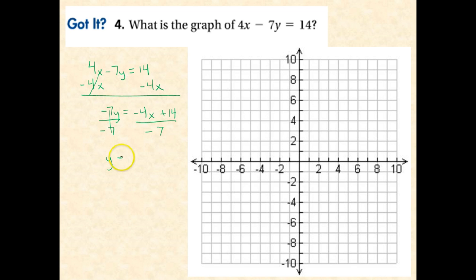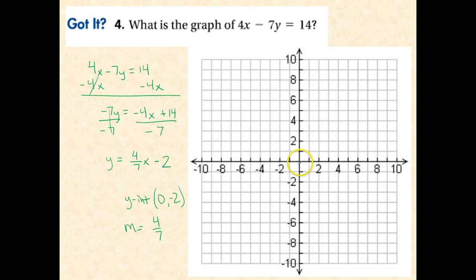So we get y equals, negative divided by negative is positive, so that's going to be positive 4 over 7 x. And then positive 14 divided by negative 7 will be negative 2, since 14 divided by 7 is 2. So my y-intercept is (0, negative 2), and my slope is 4 over 7.